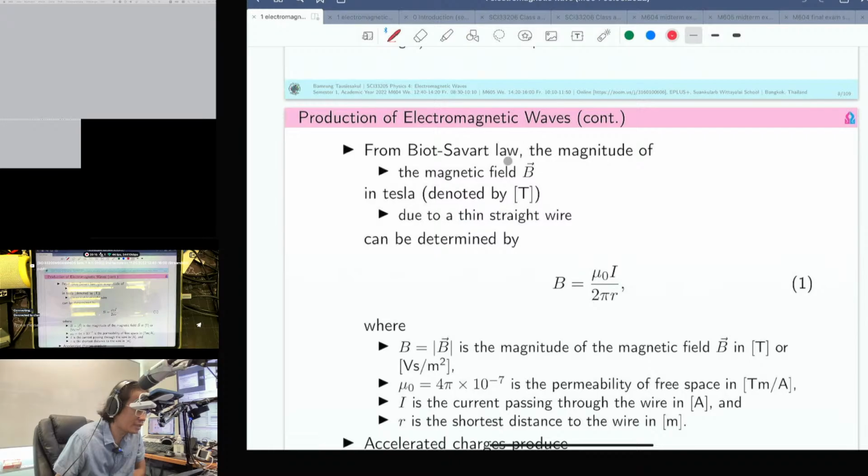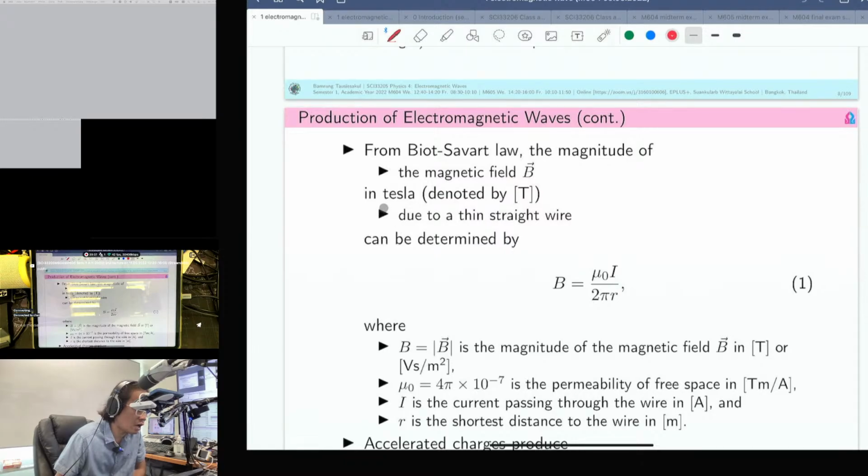All right, this law was developed a long time ago, and this is the vector version of the magnetic field. The magnitude will be the same thing without the arrow. That's why you have B on the left hand side.